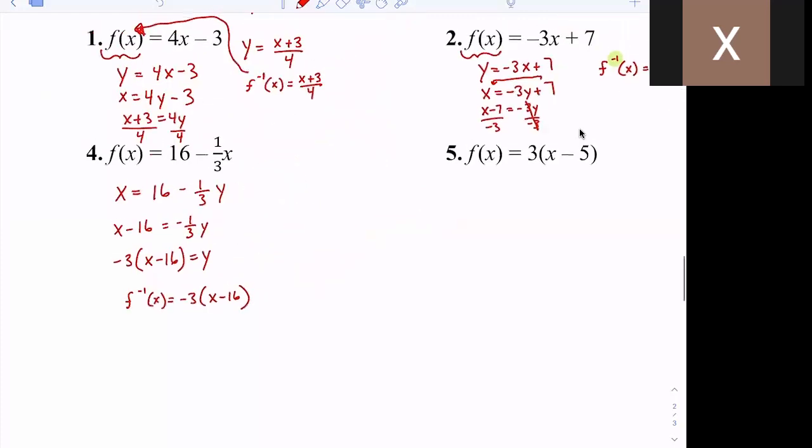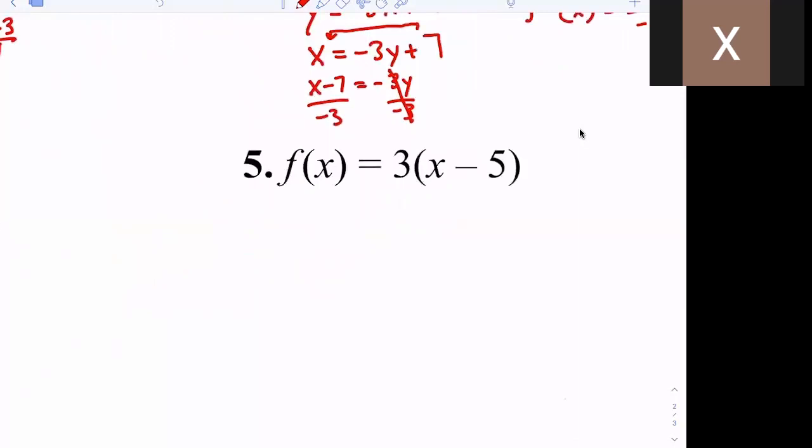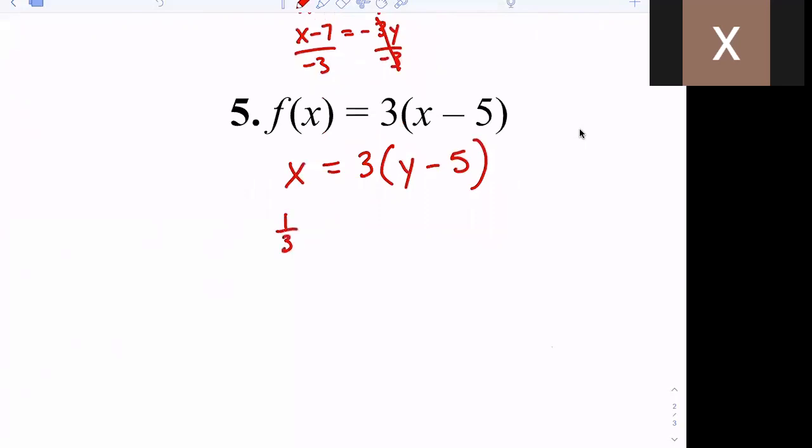All right, here we go, number 5. x equals 3 parentheses y minus 5. Now, what can I do first? You can distribute, or you could just say, hey, I can just divide by 3. If you distribute, is that wrong? No, it's just going to take you, in my opinion, an extra step. So I'm dividing by 3. I personally would prefer the fraction 1/3. You can put x divided by 3 if you want, but I think it looks better as 1/3 x equals y minus 5.